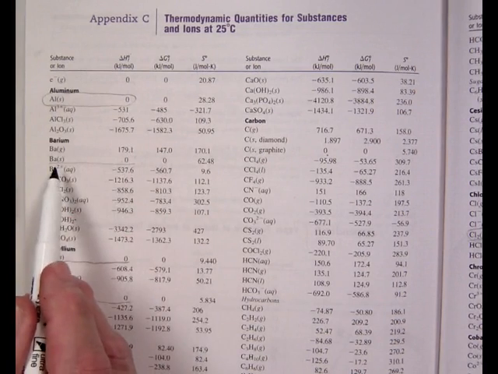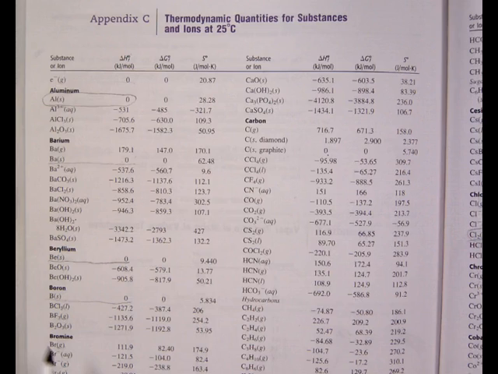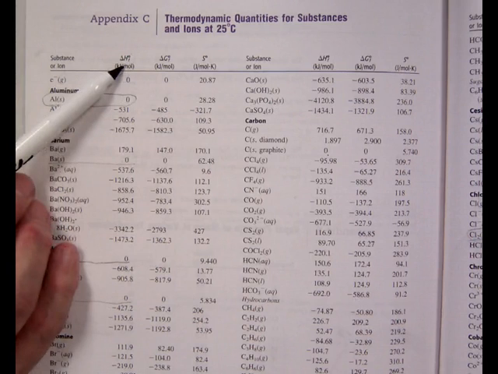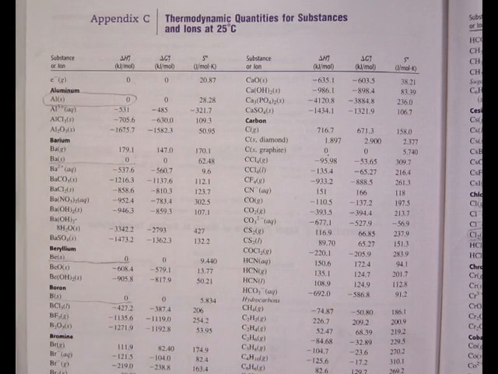We come down here to barium solid, zero. That's the standard state. And anywhere you go down here, bromine, you notice that Br2 is a liquid and it's zero. So anywhere you have a zero under the delta HF symbol, it is an element in its basic standard state.